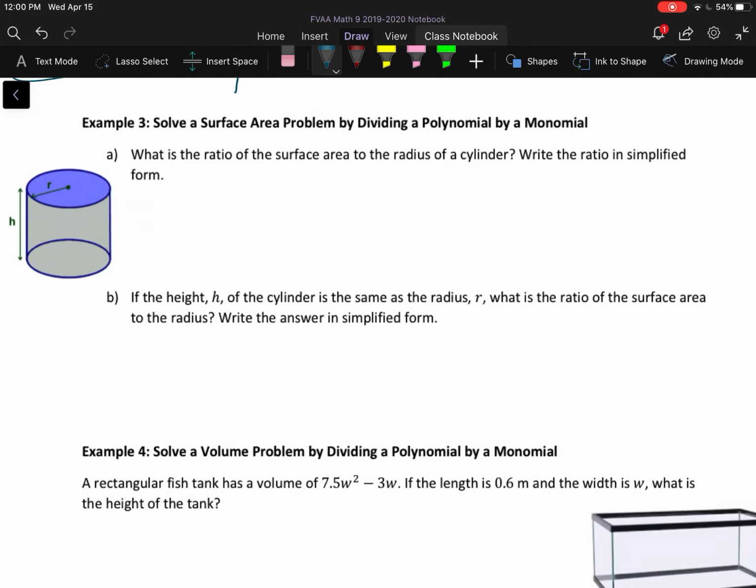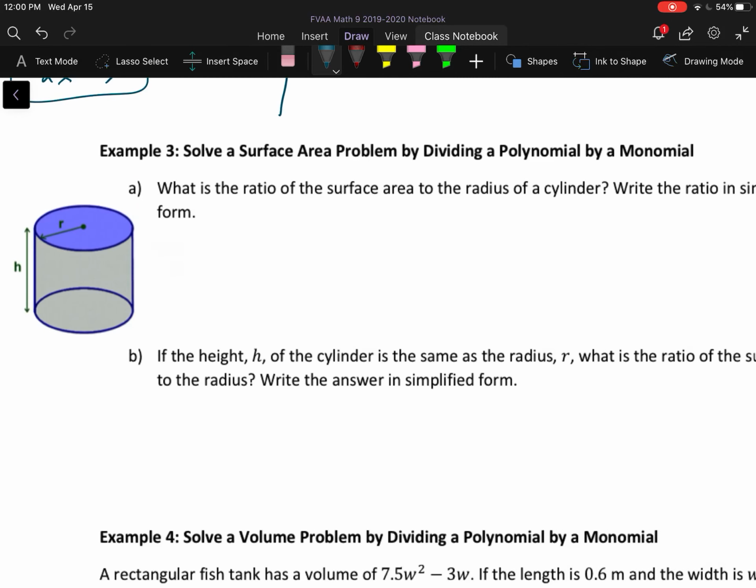When it comes to finding the surface area of a cylinder, you need to solve for the area on top, this part here, the area on the bottom, and then the area all the way around on the outside of the cylinder.